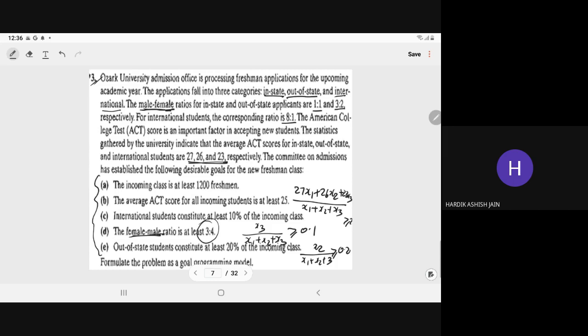Whenever I have taught you the formulation, I have said you always write all the variables on one side and all the constants on the other side, right?